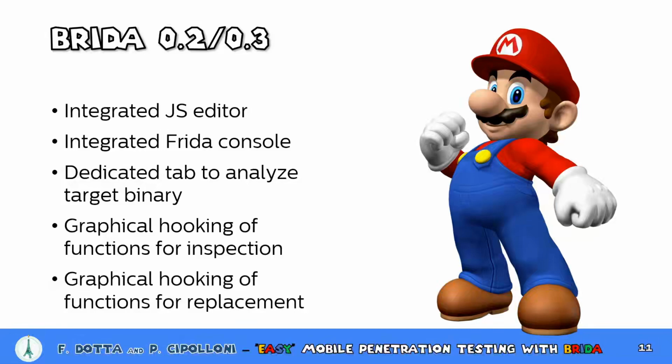For example, an integrated JavaScript editor, an integrated Frida console that collected the output of all Frida and Brida hooks, and a dedicated tab that creates a tree representation of all the mobile application classes and methods, and that allows you to graphically create inspection hooks that print arguments and return values of the chosen functions, and replacement hooks in order to change the return value.